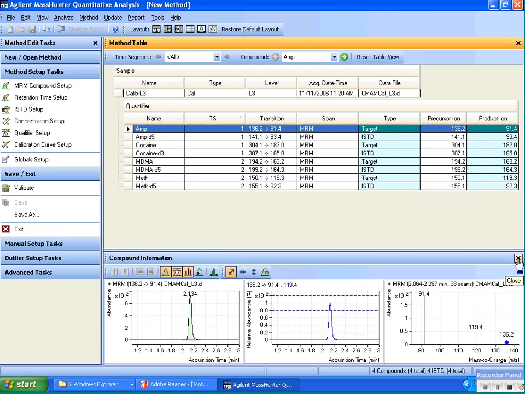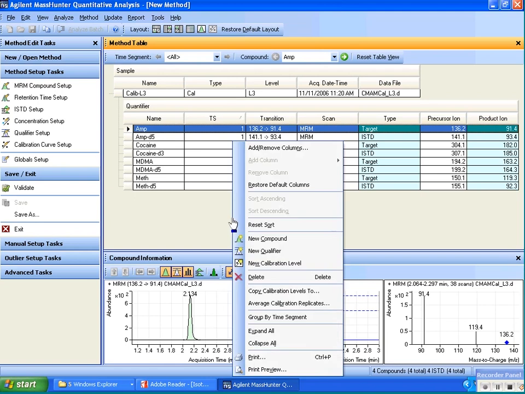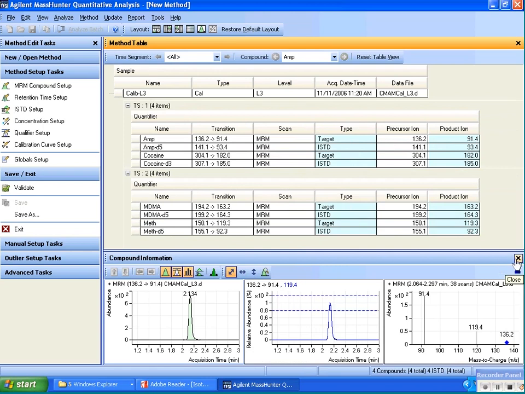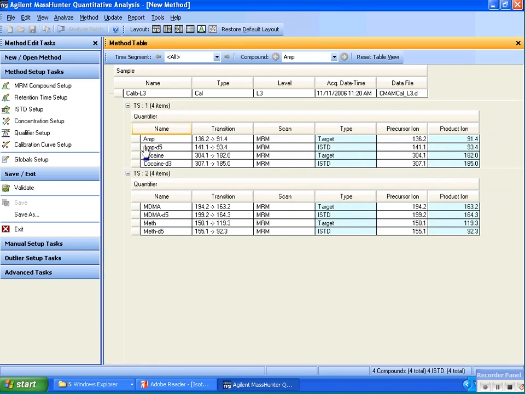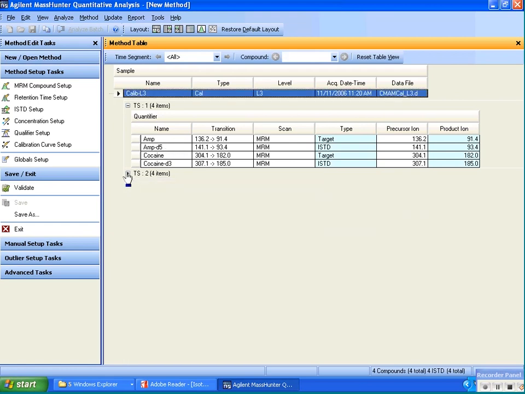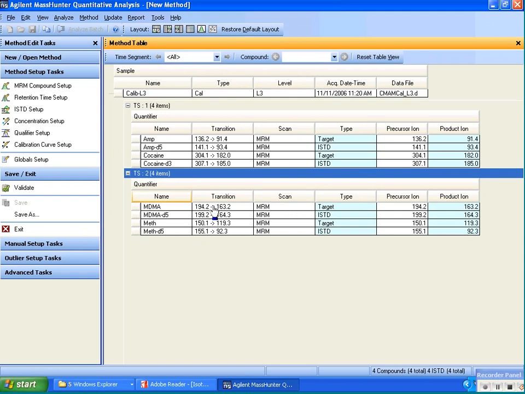What I can do here is I can group by time segment. Now, grouping by time segment just gives me a different visualization where the hierarchy now has changed so that I can see the compounds in time segment 1 together, and I can see the compounds that are in time segment 2. So I can explode the hierarchy and drill down with that grouping. That can be very useful.